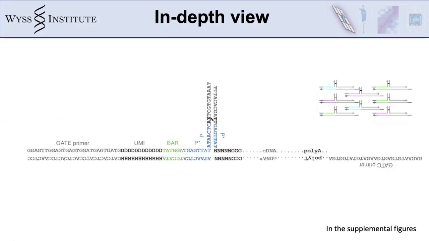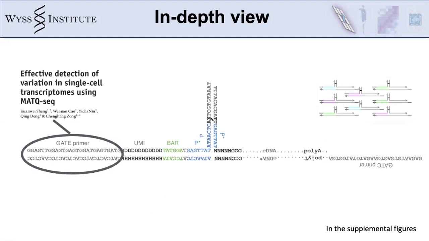Okay. In our supplemental figures, we actually had an in-depth view of one example of this cross junction. We have some primary domains we use for PCR amplification. If you're curious, the naming convention was an iteration from a previous paper of one of our co-authors.